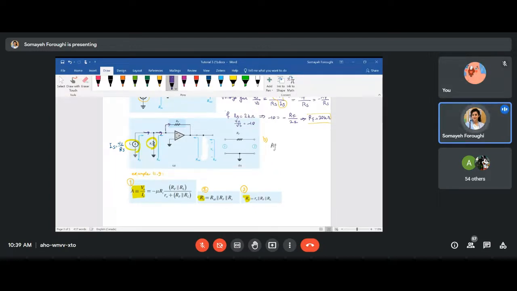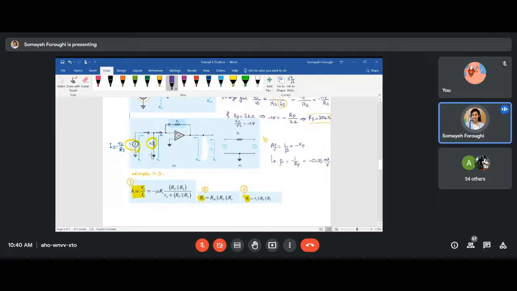You remember that we said AF is 1 over beta, and then we found 1 over beta to be negative RF. So you can say that now beta is also 1 over RF. And if beta is 1 over RF, then you will have negative 0.05 milliampere per volt.